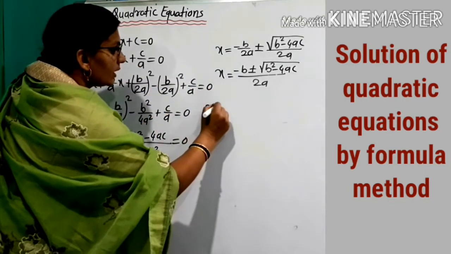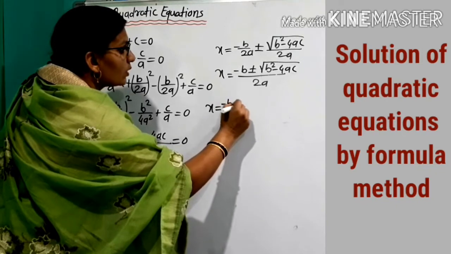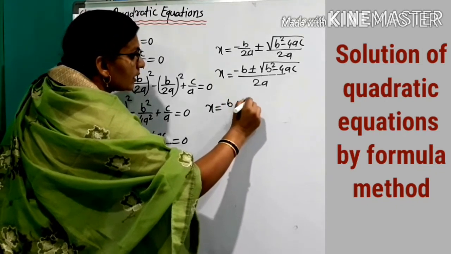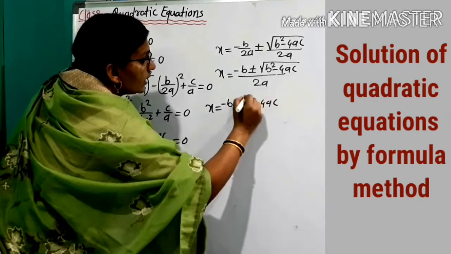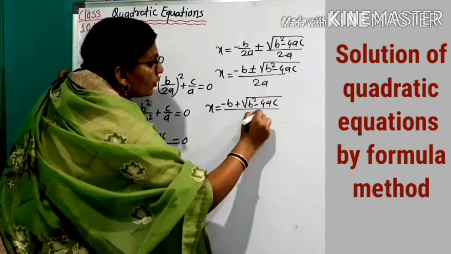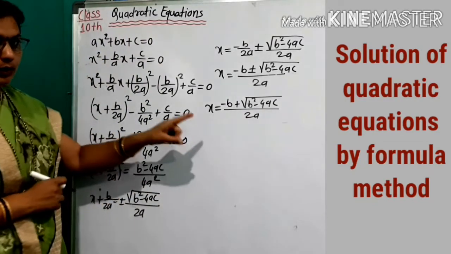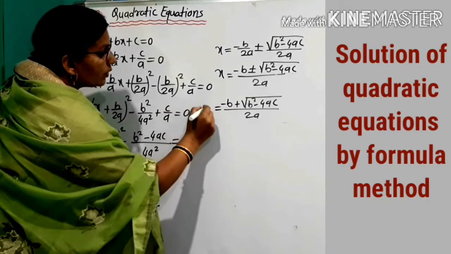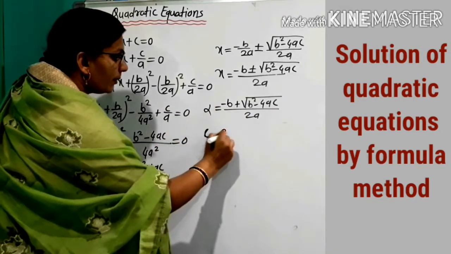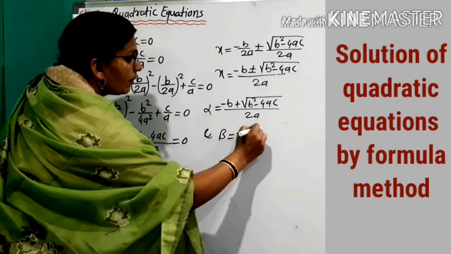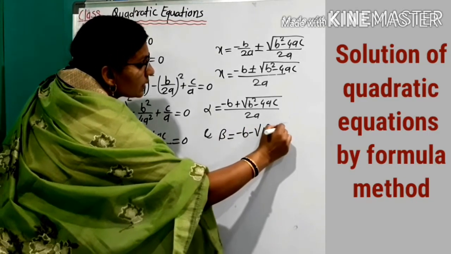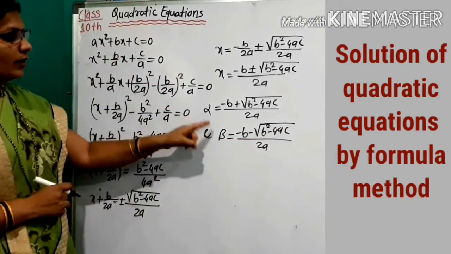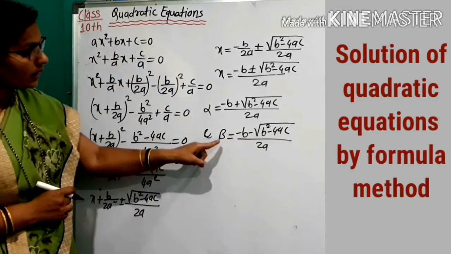Here x is written as minus b plus or minus root b square minus 4ac upon 2a. First I take plus, so it is denoted as alpha, and beta is minus b minus root b square minus 4ac upon 2a. These are alpha and beta, the two roots of the quadratic equation.